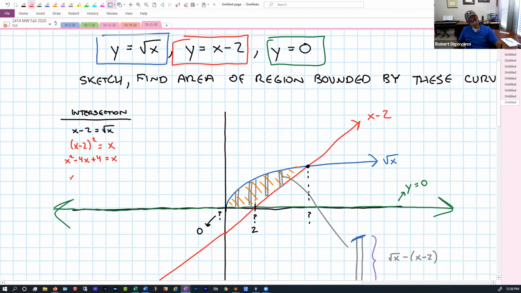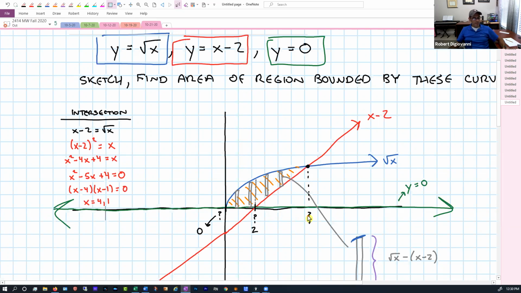And then we'll move x to the left, subtracting it on both sides. And again, this one factors. x minus 4, x minus 1. We get two potential solutions, 4 and 1. And I think it's obvious that it has to be 4 because this is 2. Obviously, it has to be to the right of that.